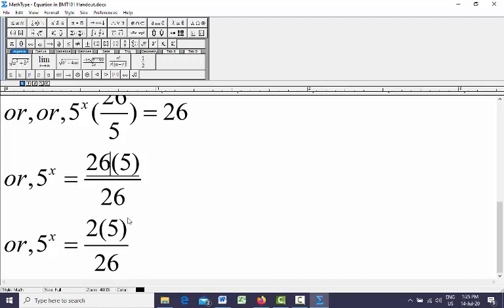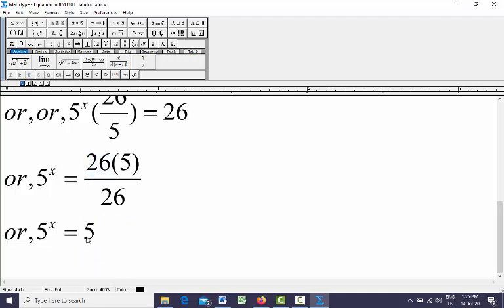So this 26 and this 26 will cancel each other out. So we will have only 5 there. So now as you see, we have only 5 there.